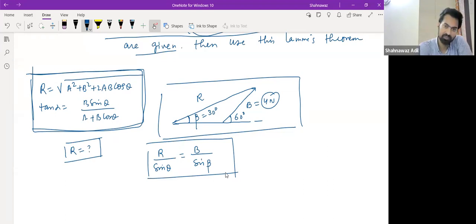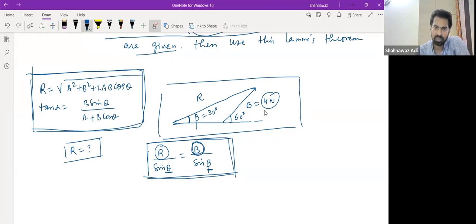So we can simply calculate the magnitude of R whenever the magnitude of the B vector and the angles are given. Just remember that whenever two angles are given, just use this Lami's theorem method.